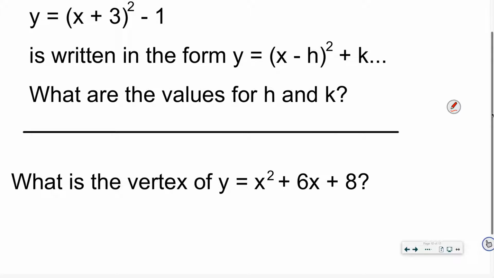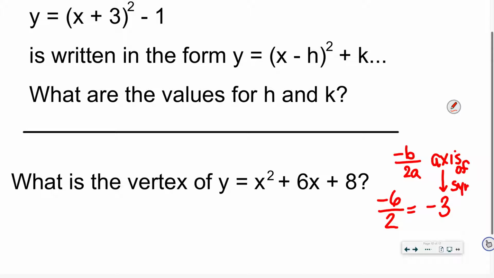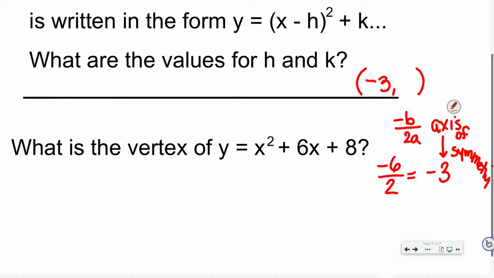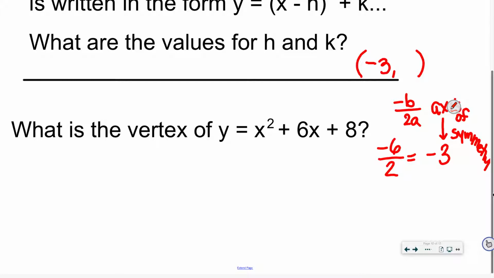All right, negative b over 2a, which is what here? Negative 6 over 2 times 1, and that equals negative 3. That's our axis of symmetry, which, if we were going to find our vertex, is the first value. How would I have continued on to find my vertex now? I would have substituted the negative 3 into my equation.